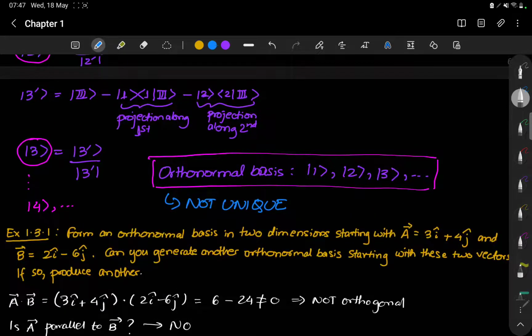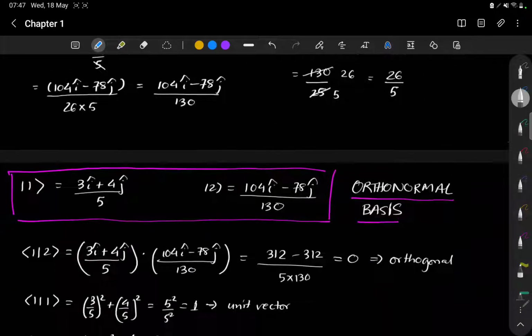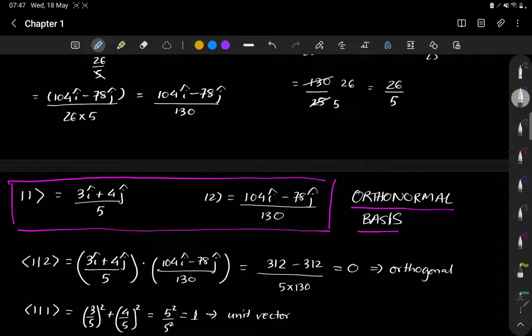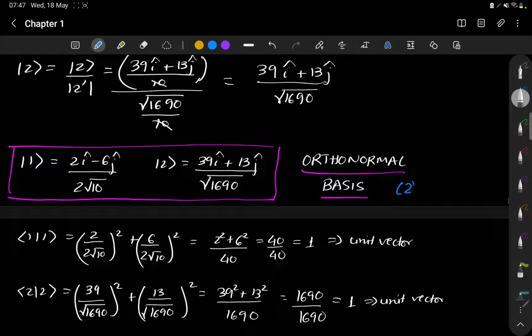So this Gram-Schmidt process does indeed give you an orthonormal basis, but this basis is not going to be unique. And we saw that we have obtained two sets of orthonormal basis vectors. This being the first set, and this below over here is another orthonormal basis, the second set.